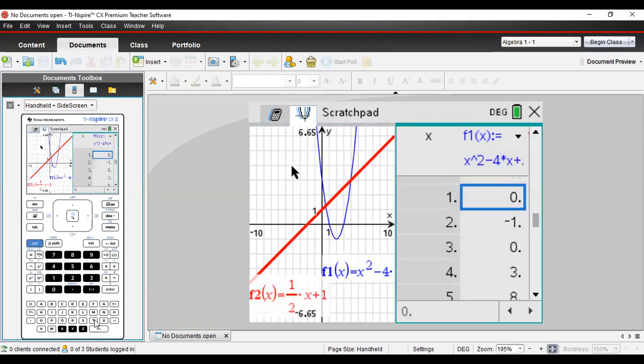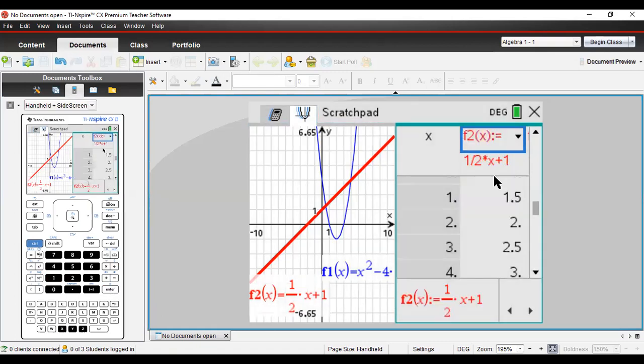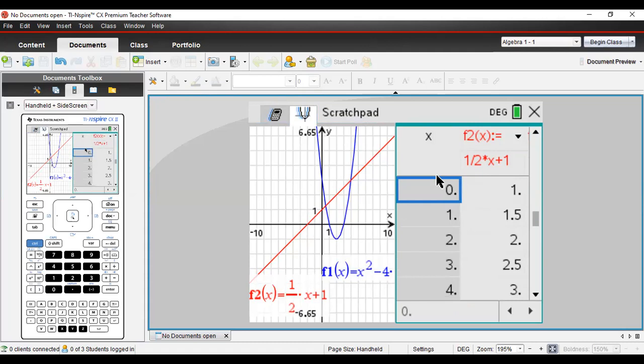So control T, I want this one, so yep. Now I don't want any decimals. So let me see. Let's start at 0. So let me bring my iPad up.